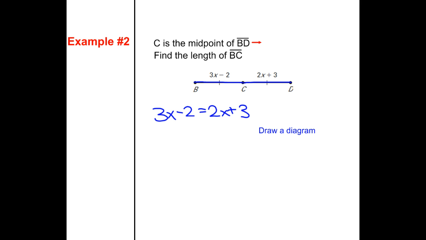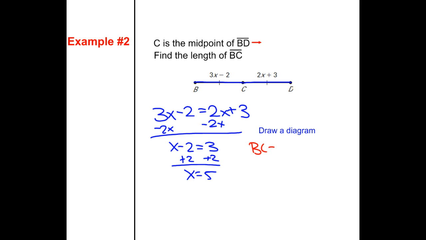Now let's solve. I'm going to subtract 2x from both sides, so we get x minus 2 equals 3. We add 2 to both sides, so we get x equals 5. Now the problem didn't say find x. It says find BC. Well, now we need to plug in x.